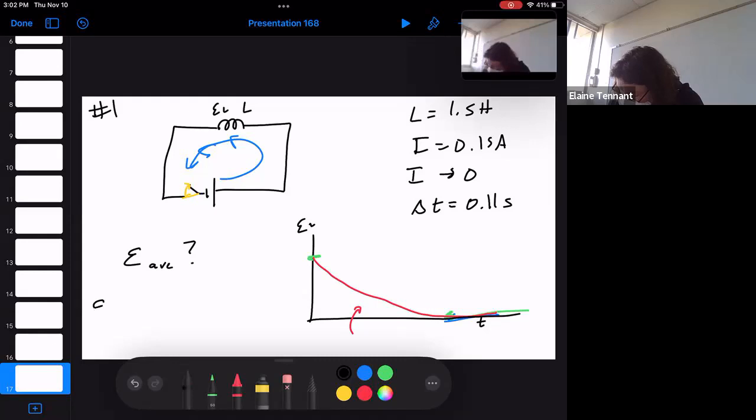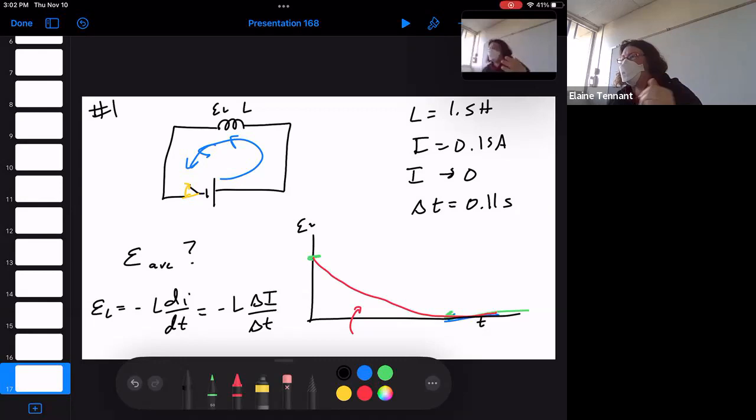So when we're doing this calculation, where we might have started with a derivative that would give us the instantaneous value, we are going to change that to the delta I over delta t so we can get more of an average value. Okay. And at that point, we can just plug in our numbers.